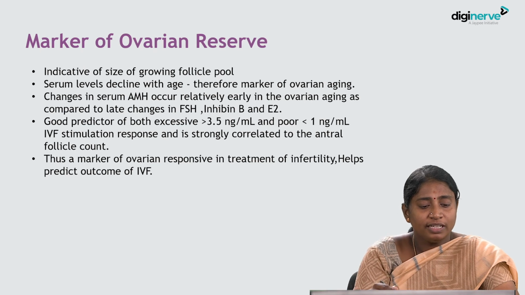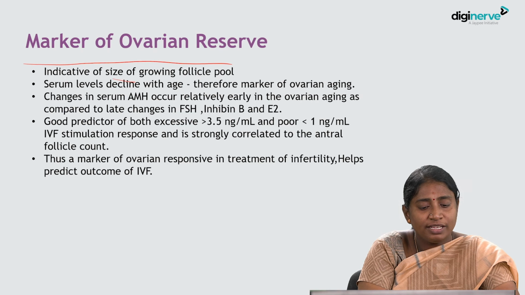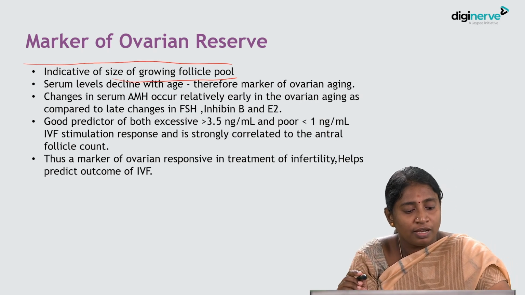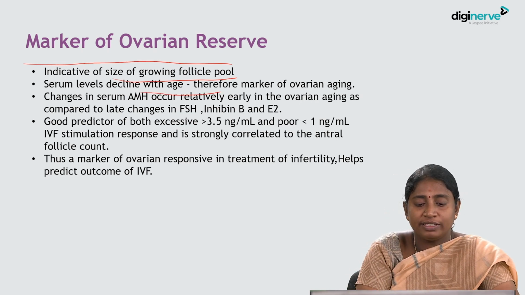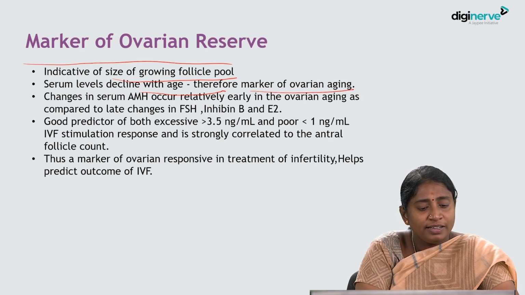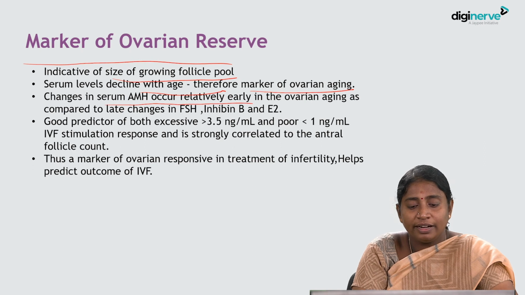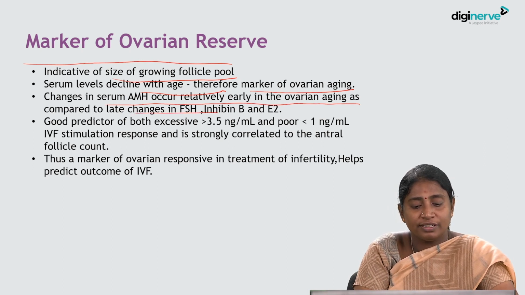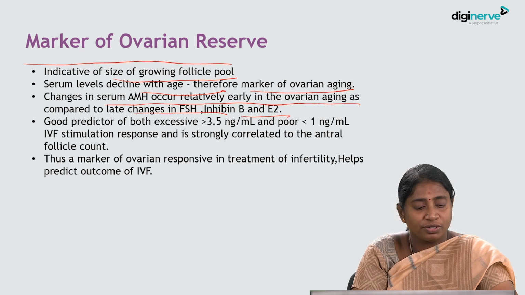It's used as an ideal marker of ovarian reserve, indicative of the size of the growing follicle pool. Serum levels decline with age, therefore it is a marker of ovarian aging. Changes in serum AMH occur relatively early in ovarian aging, compared to the late changes in FSH, inhibin B and estrogen.